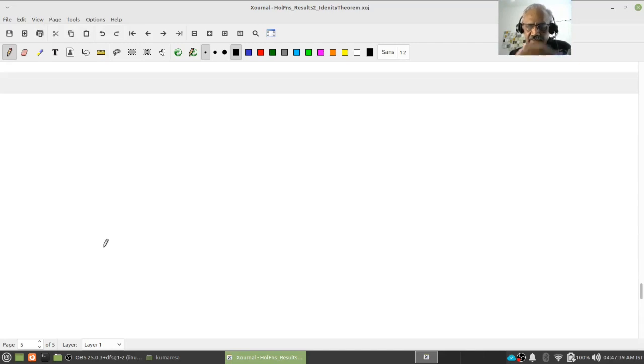Okay, the proof is along exactly similar lines. Suppose z0 is a zero of f. That means f of z0 is 0, right?